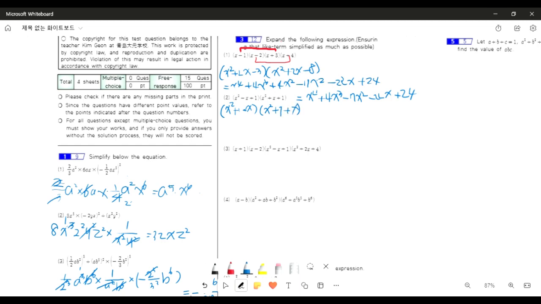So add and subtract formula: a plus b times a minus b equals a squared minus b squared. So x squared plus 1 squared minus x squared equals x to the fourth plus 2x squared minus x squared, equal to plus x squared and plus 1.